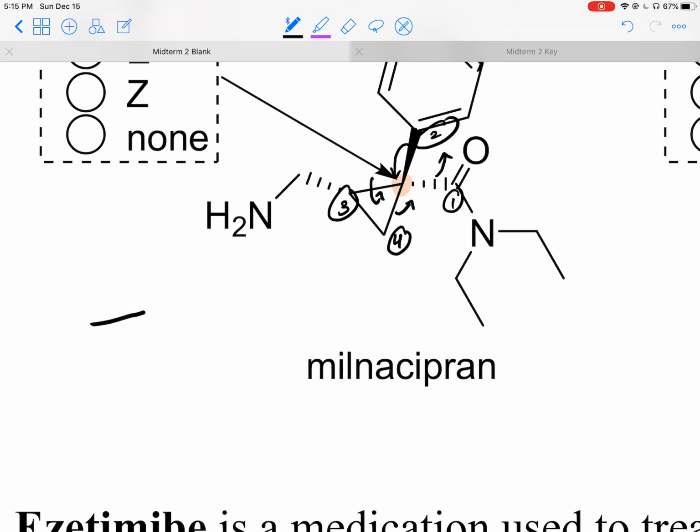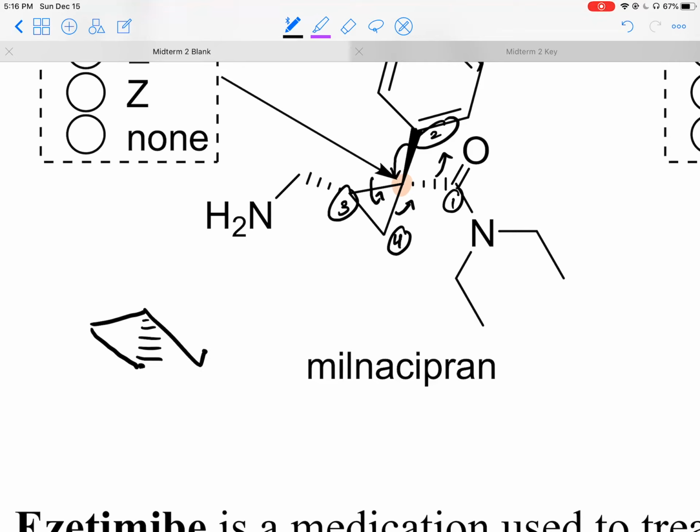So if we do this here, okay, when we rotate it, the orange one and the 3 are going to stay the same, and then our 4th priority is going to the back. This bond is also going to the back, but that's not important for our stereochemistry. So we'll just leave that alone.